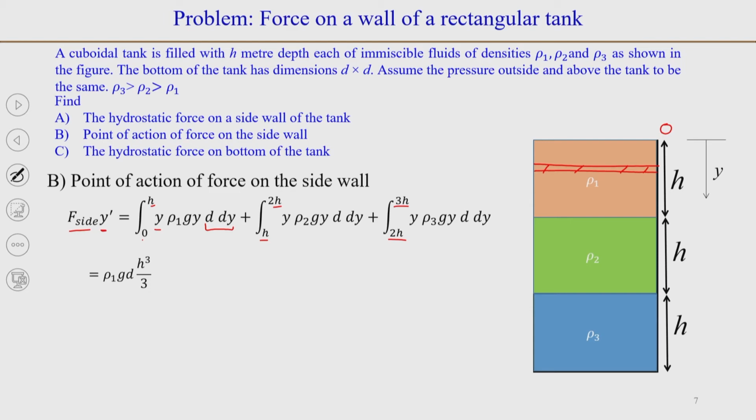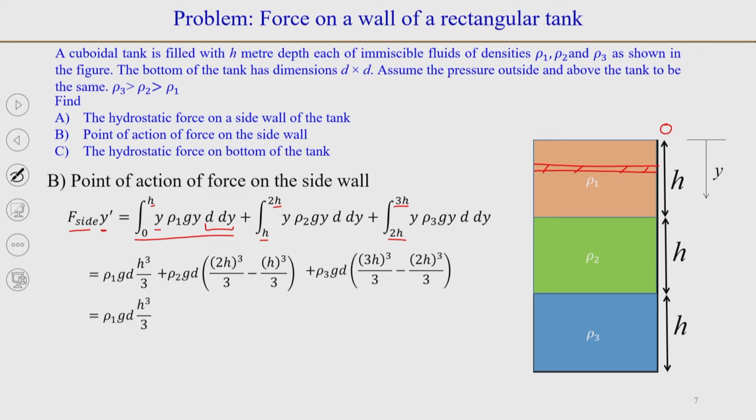So, from the first term we get rho 1 g d h cubed by 3. From the second term, similarly, we will get rho 2 g d, 2h cubed by 3 minus h cubed by 3, and for the third term rho 3 g d, 3h cubed by 3 minus 2h cubed by 3. Okay. So, let us simplify.